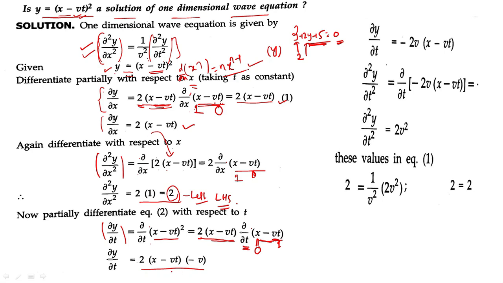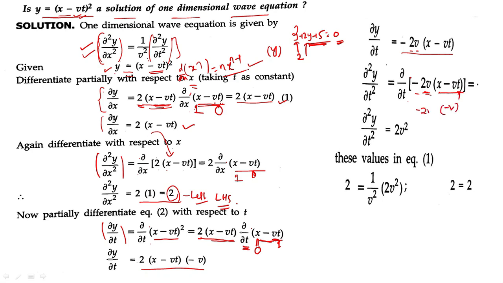Now again differentiate, the double derivative. Now del y by del t is equal to minus 2v into x minus vt, because v is constant, 2 is constant. So again differentiating del by del t of minus 2v into x minus vt, x is constant, and 2v is constant, so the remaining derivative from t will be an extra minus v.